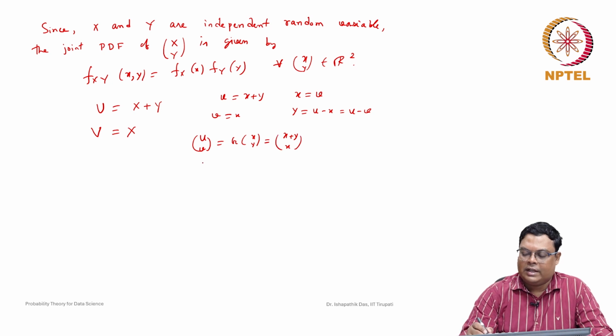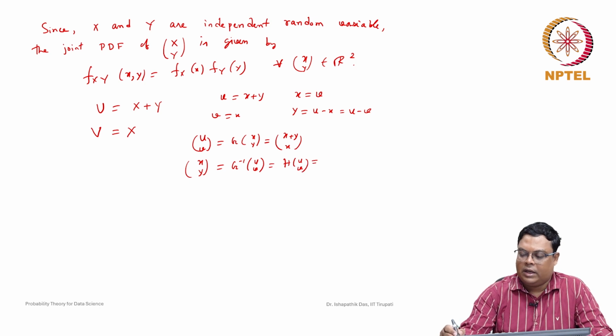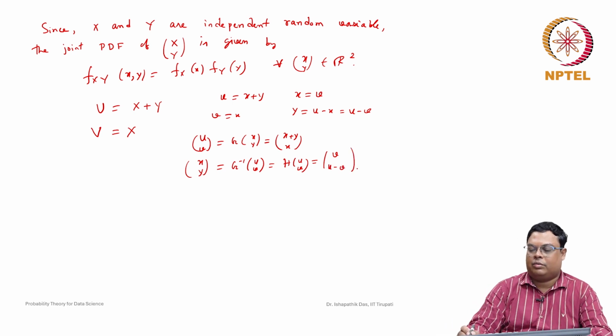And then we get the inverse (x, y), which is equal to g inverse of (u, v), which is h of (u, v). This is nothing but x goes to v and y is u minus v. So this is the transformation.